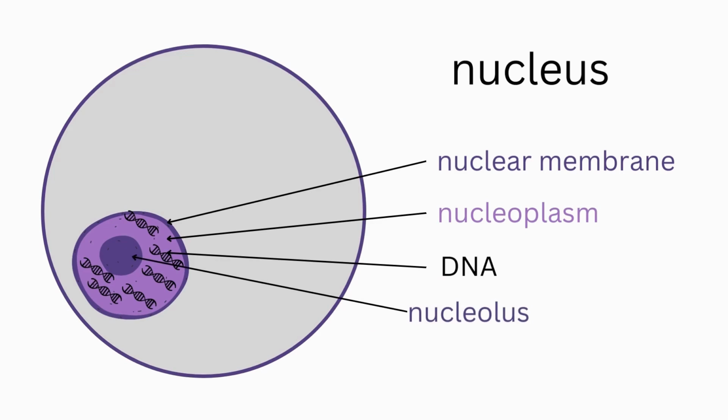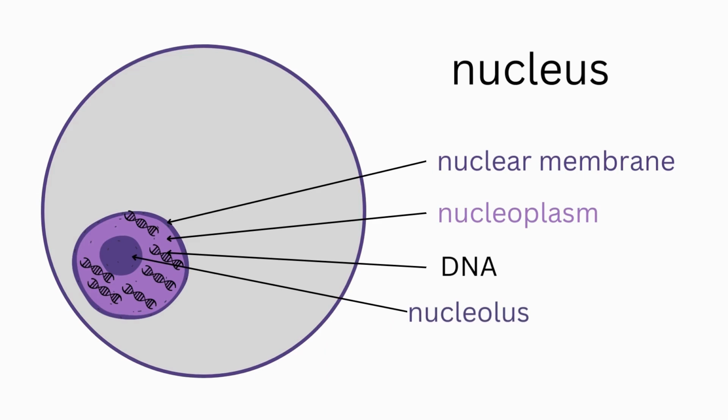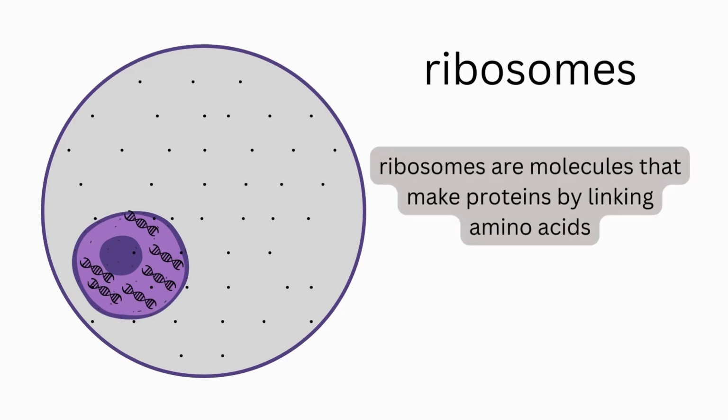The nucleolus is a dense region of RNA within the nucleus, and its function is to produce ribosomes. Ribosomes are molecules that make proteins by linking amino acids.